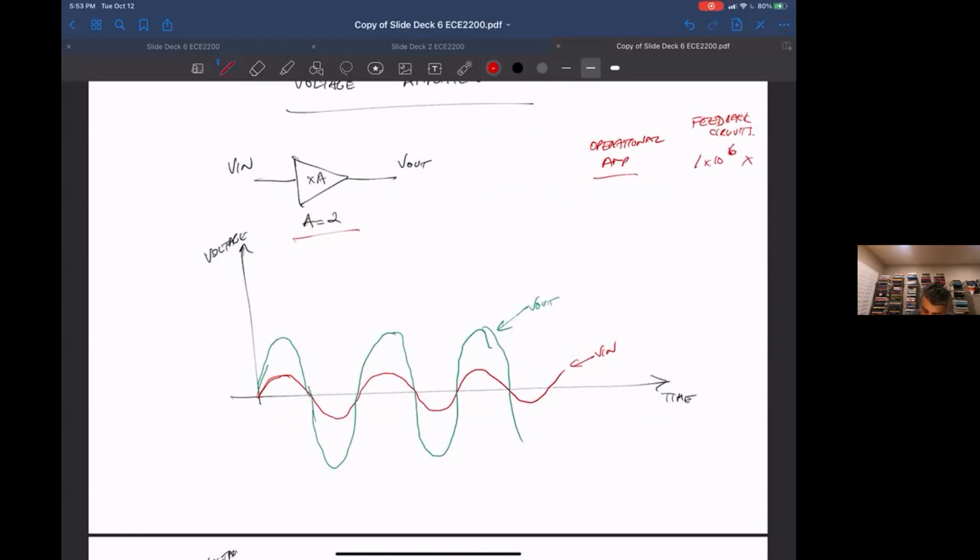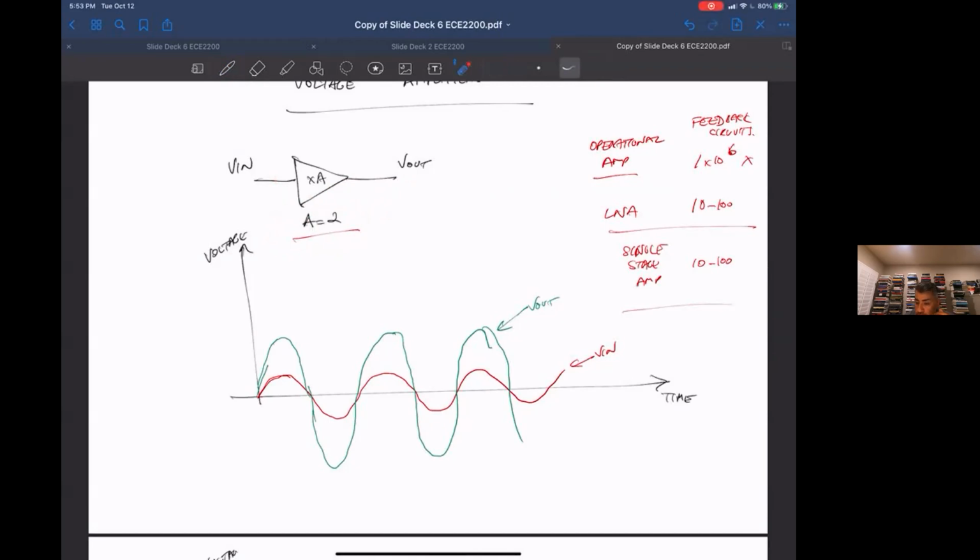Or if you're talking about a low noise amplifier, the gain might be 10 to 100 or so. If you're talking about a single stage amp, the gain might be 10 to 100. So it depends. It really is all over the place. But the upshot is that this A value can be anything, but basically you're taking the input, multiplying it by this gain, and that becomes your output.